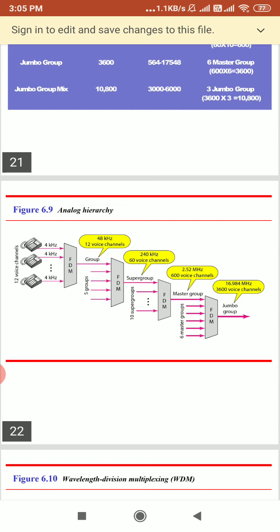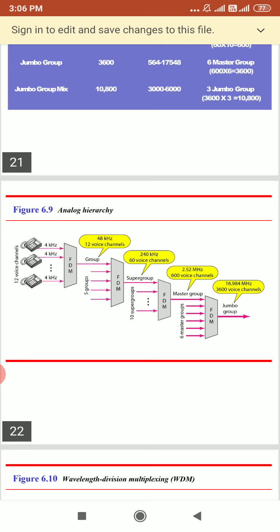You can call this the AT&T hierarchy, or you can call this an analog hierarchy, which can be used in North America and Japan. It shows the transmission of voice data from a computer, visual telephone and color TV signal on a single T4 line.